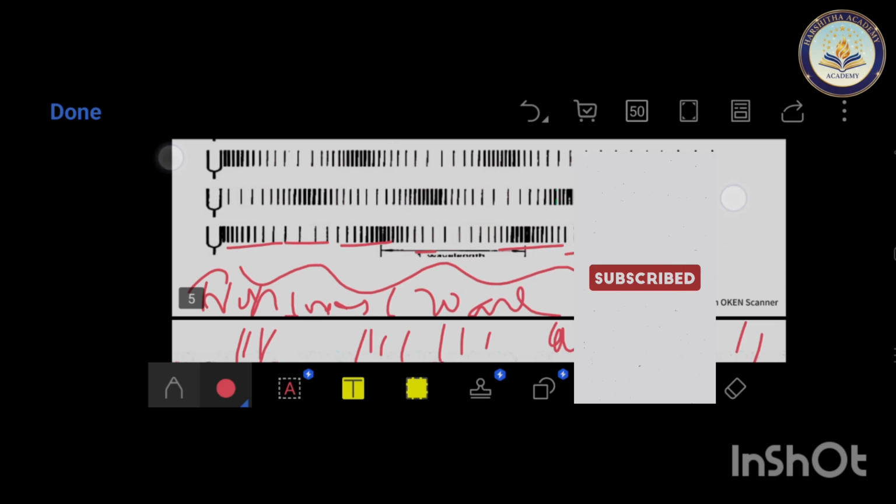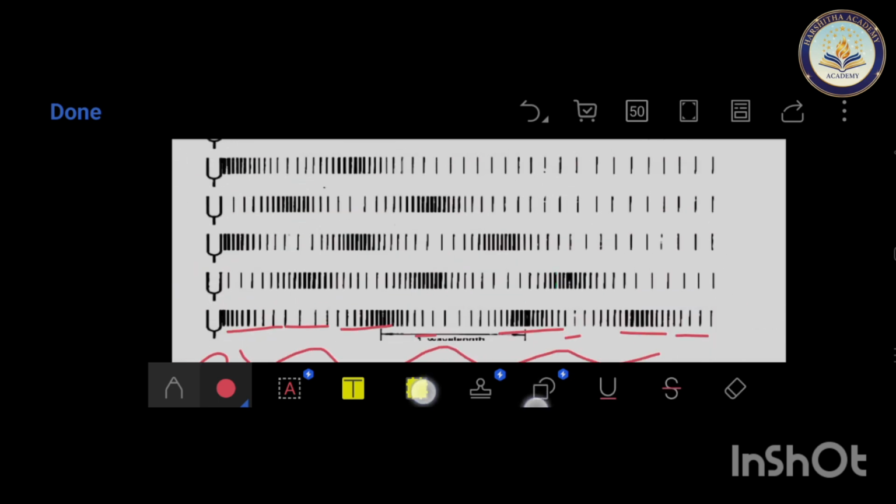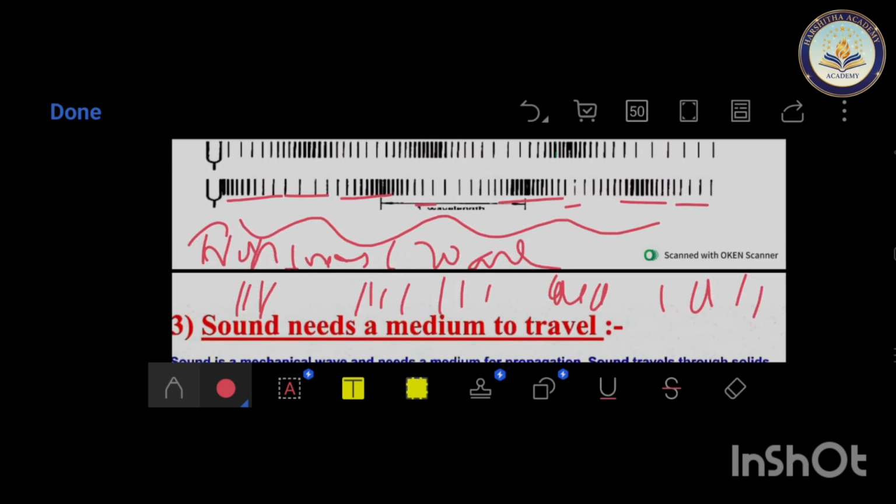The wave which travels like this, with compressions and rarefactions, is called a longitudinal wave. The other way is called a transverse wave. These are the two ways of traveling of sound.